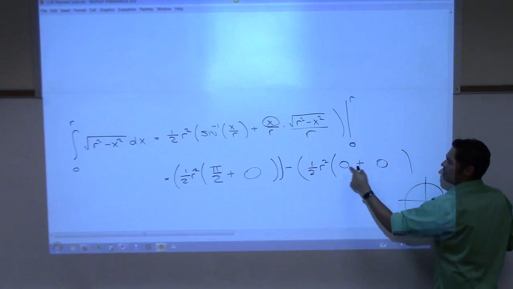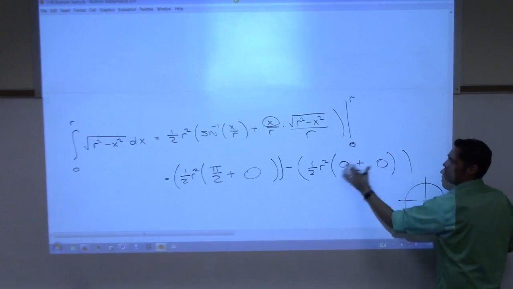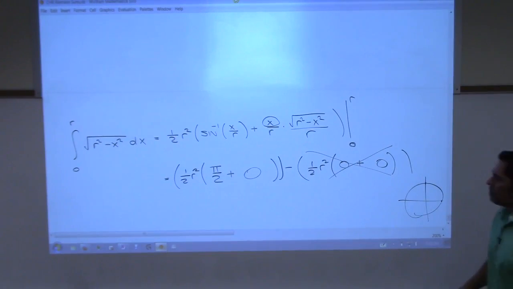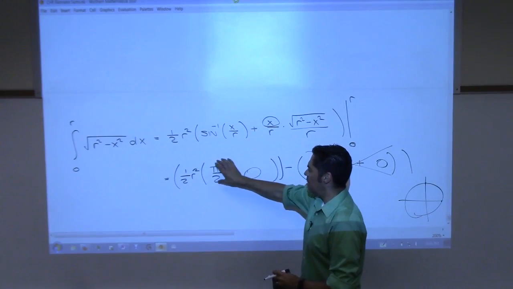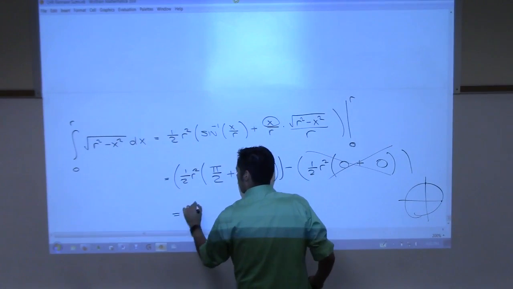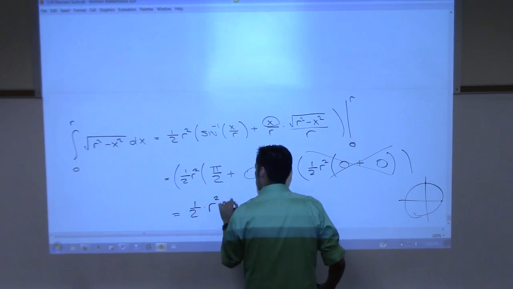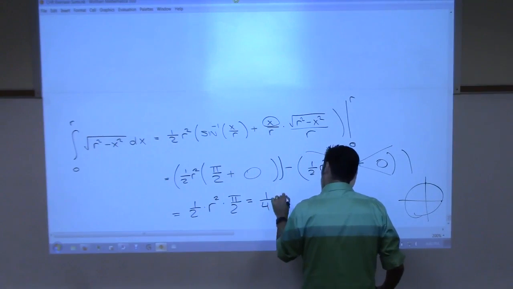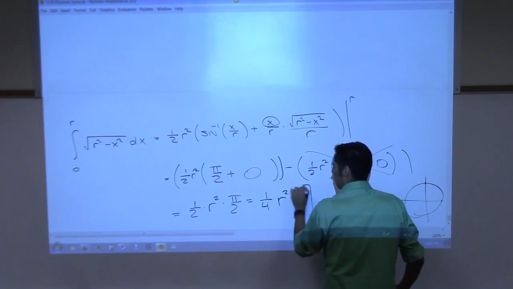This whole thing, 0 plus 0 is 0, times all that, this whole thing's gone, right? So all you're left with is this. 0 plus that is pi over 2. So I get 1/2 times r squared times pi over 2, which is 1/4 r squared times pi, and that's the answer.